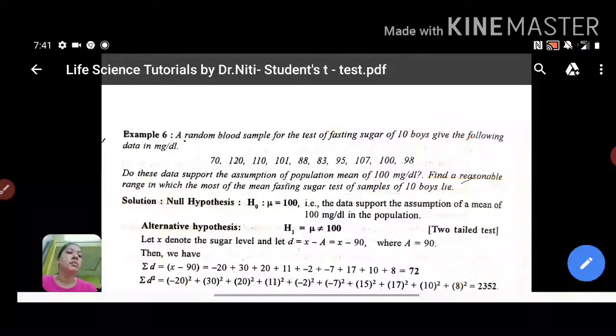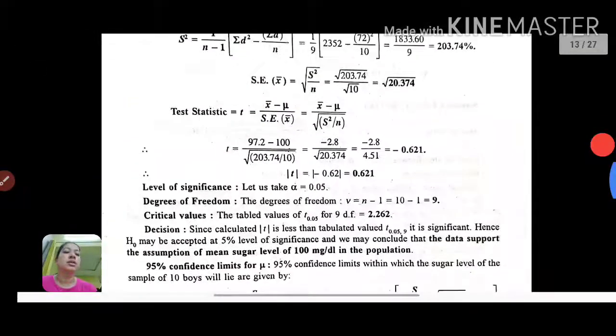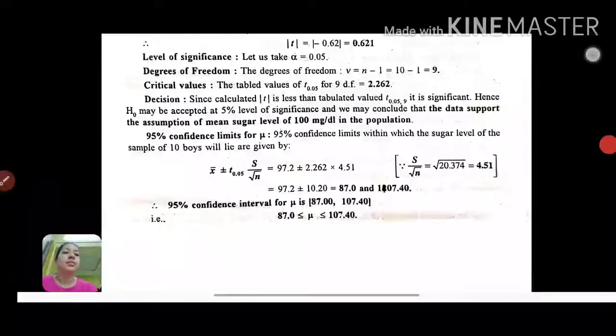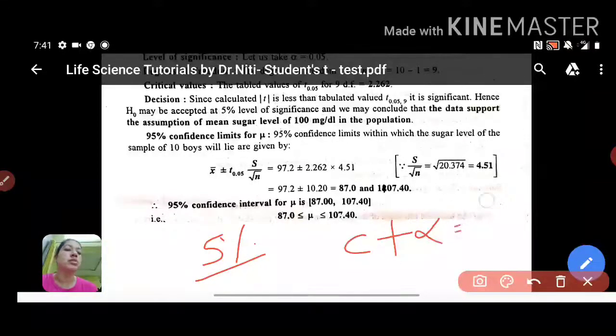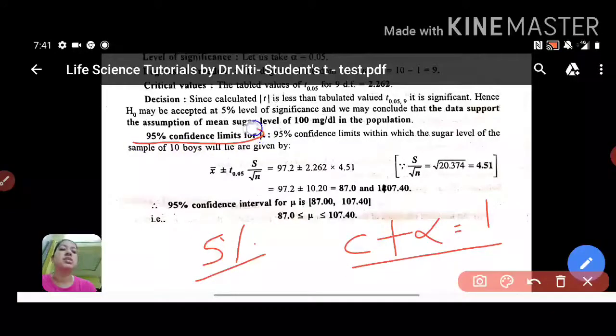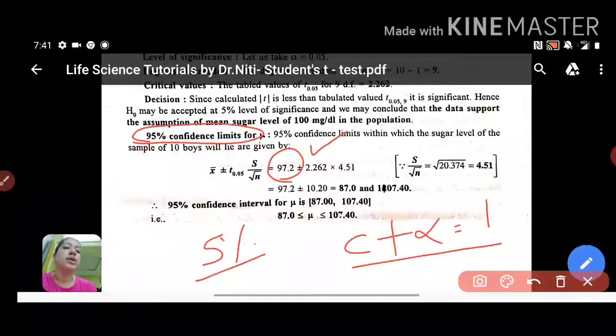To determine it, the level of significance here was 5%, and you all know that level of confidence plus level of significance equals 1. So that means there is a 95% confidence limit. The mean that has come is 97.2 and the tabulated t value is 2.262.